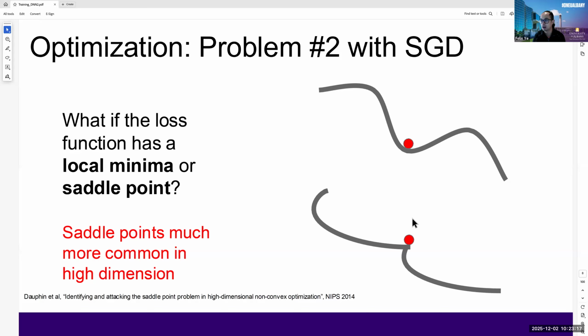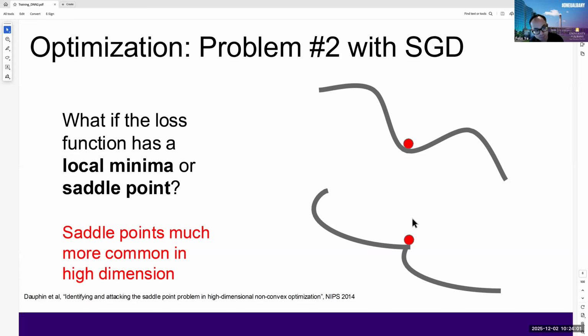Say if we have 10,000 dimensions, which is very common in AI applications, it's possible that 9,999 dimensions are local minima and only a few are local maxima. So if you do a random search, most directions you search will be local minima, and very few will give you a local maximum.